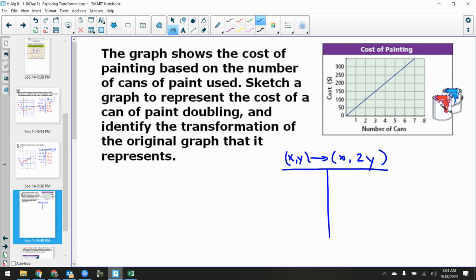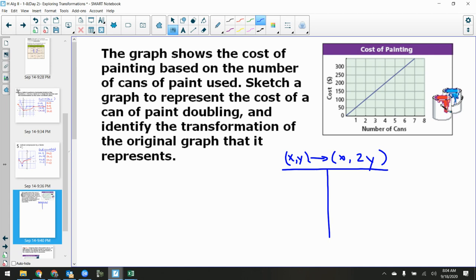Right there, what is my transformation? It didn't tell me within the problem. How do I identify what that is? It's not going to be a compression. Do I change the X value? No, I'm only changing the Y value, right?